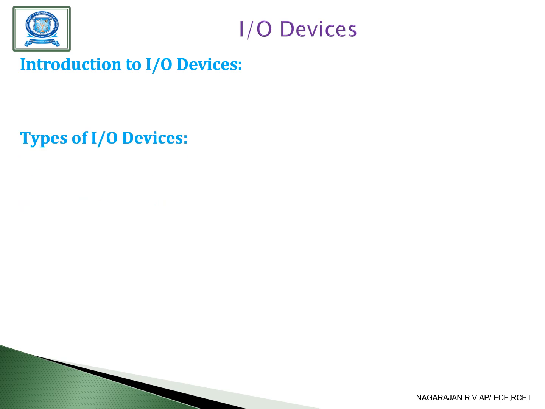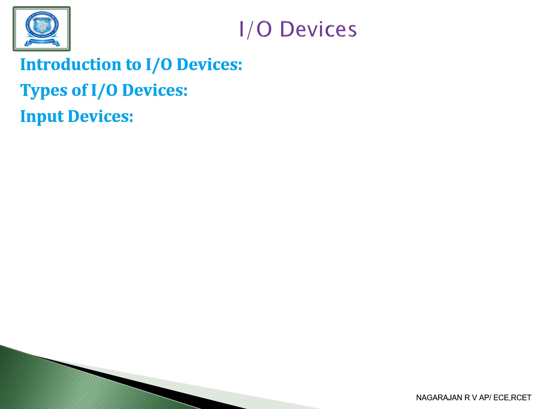Now let us see the types of input-output devices. First are the input devices. In these input devices, let us see the keyboard and keypads. Keyboard and keypads are used for manual data entry and command inputs in systems like ATMs, mobile phones and industrial control panels.